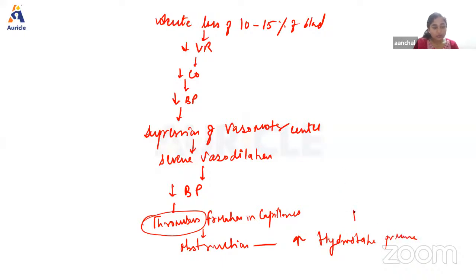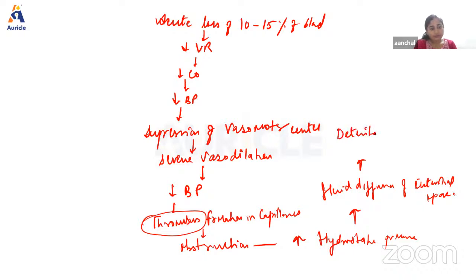Okay, so there will be fluid diffusion into the interstitial space. And finally, there will be deterioration of other tissue. So this is how all the mechanisms work.